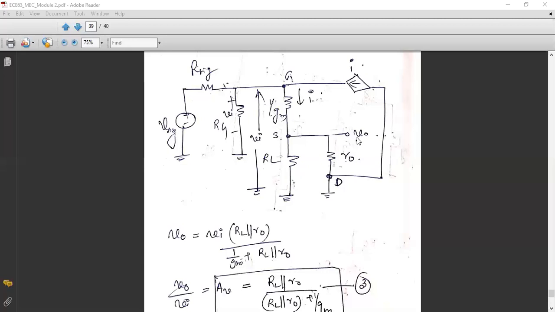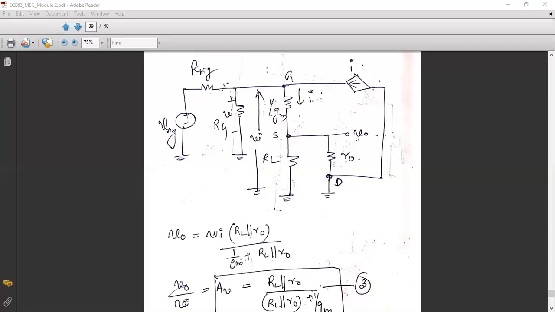So to write V0, we have to consider Vi into the total resistance across which you are finding the output, that is RL parallel R0, divided by the overall resistance in this network. That will be 1 by gm plus the parallel of RL and R0.